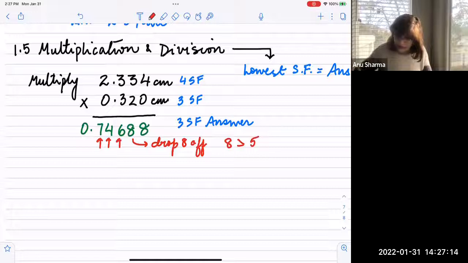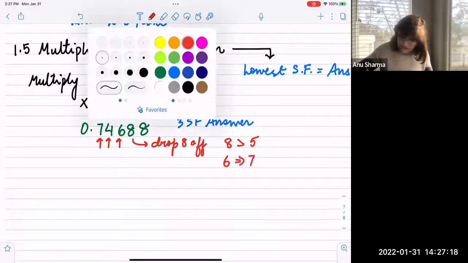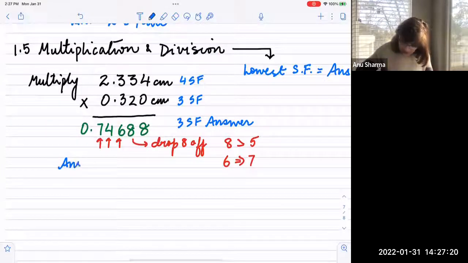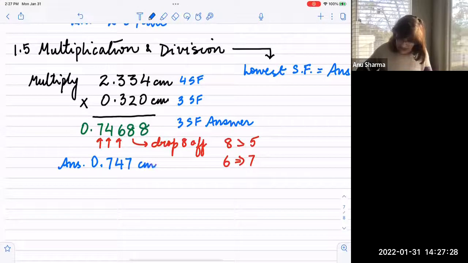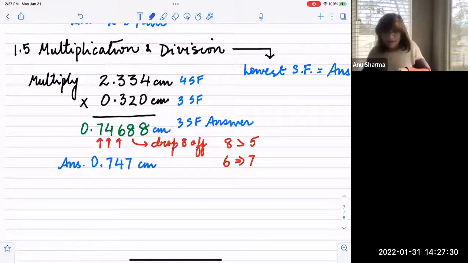So what happens to 6? Then 6 becomes 7. So what does your answer look like? Your answer, remember, should have only 3 significant figures. So it's 0.747 centimeters.